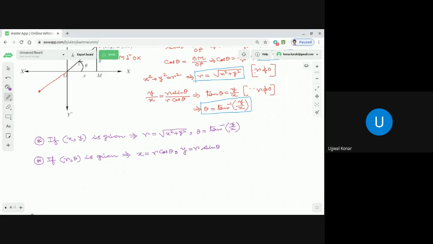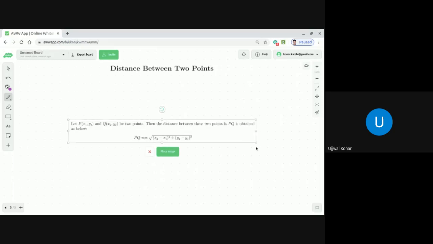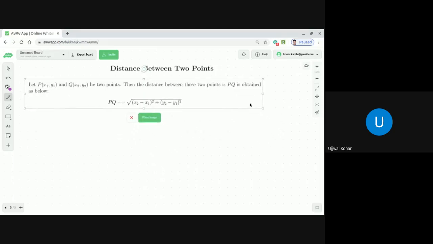Most of you are aware of it because these were all discussed in previous years, in your class 10 or 9 standard. But for the sake of completeness, it is important to discuss this, and hence I'm discussing it. I hope there should not be any question here, but if you have, never hesitate to ask me. So first is the distance between 2 points.